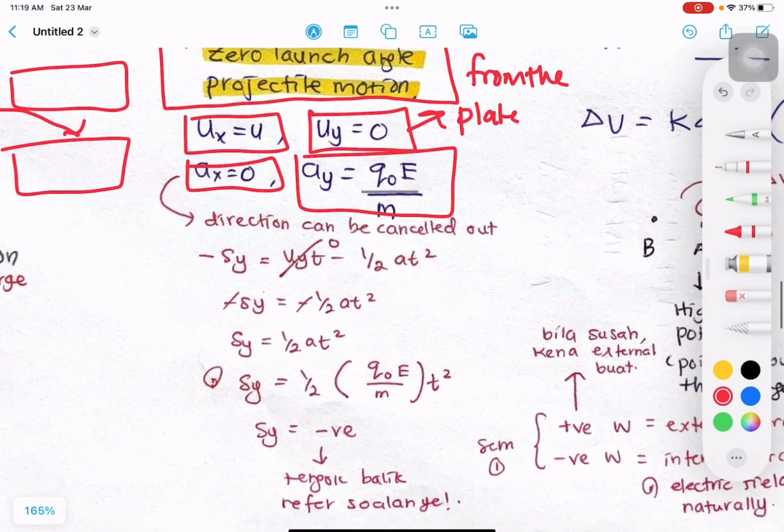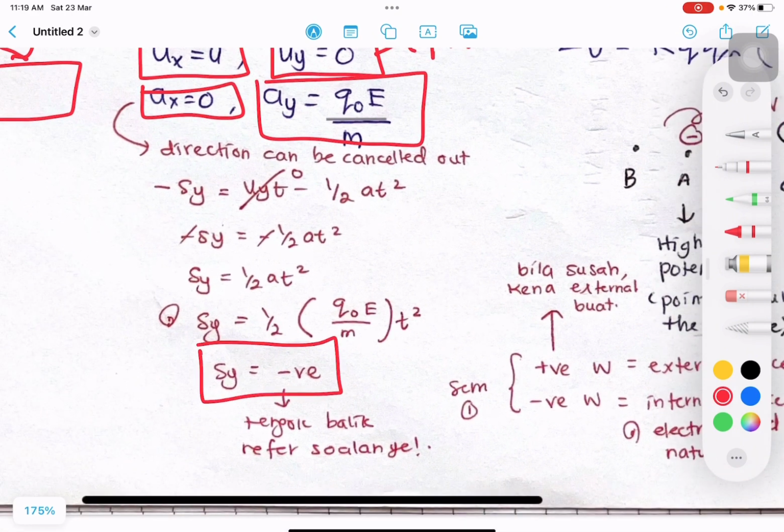Alright, so actually the direction can be cancelled out, but to make it clear, the final answer can be either positive or negative depending on the direction. So always check. If it's negative, actually it's going to the opposite direction. Is it possible? Yes, possible.